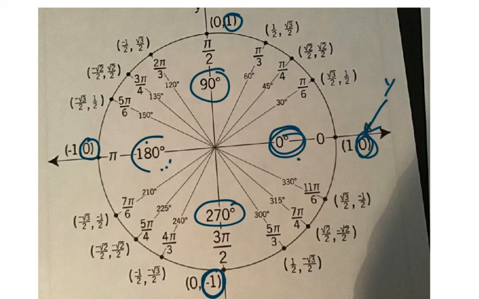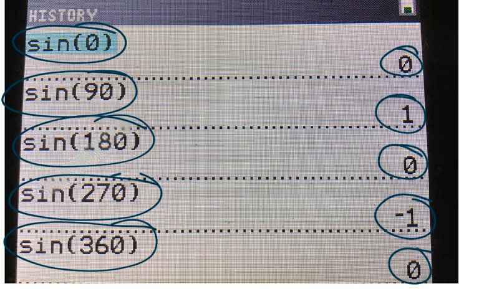And of course, 360 means I'm back to here, which means it's 0 again. It's a nice cycle, guys. It's a circle. Circles keep going around and around, never changing, always going around, right? Continuously.